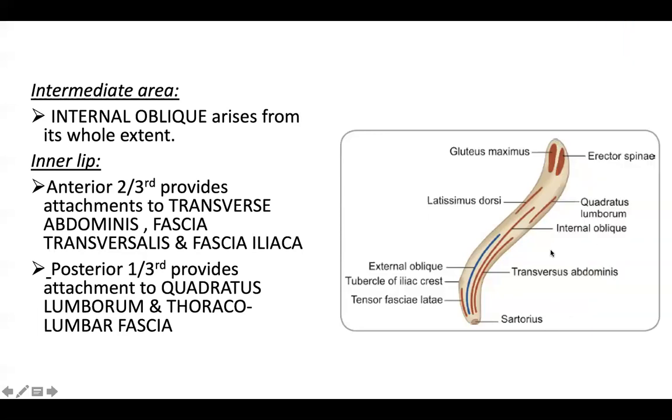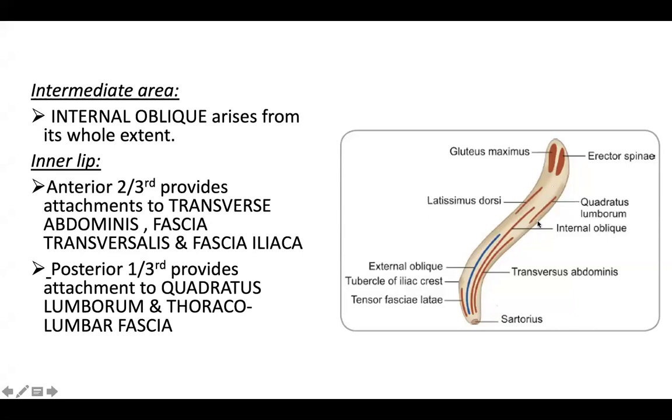Thoracolumbar fascia. Now everybody please concentrate on this inner lip. This inner lip of the iliac crest, if you see, the anterior 2/3 of inner lip will give origin to transversus abdominis. The posterior 1/3 of this inner lip will give origin for the quadratus lumborum.